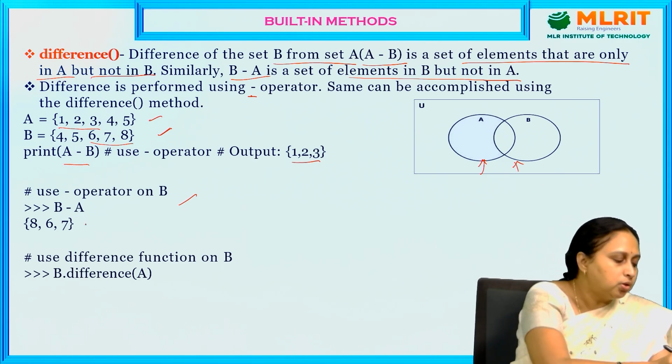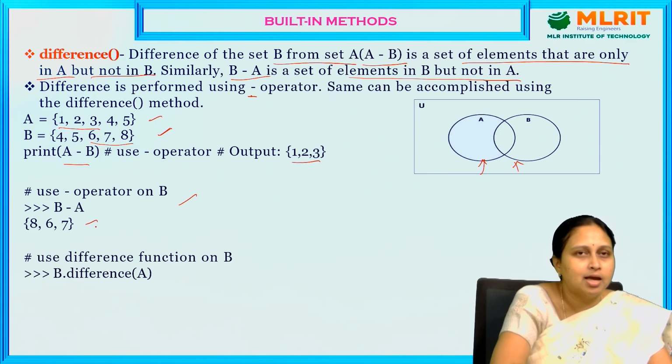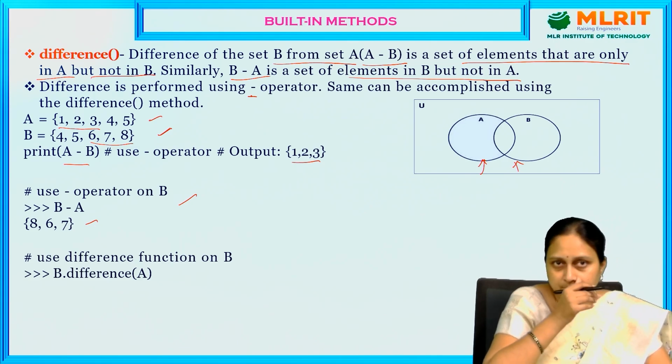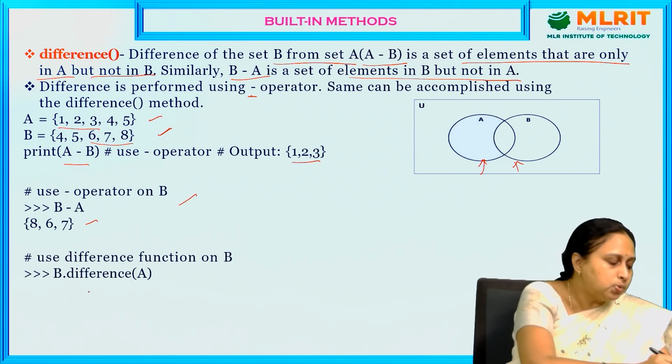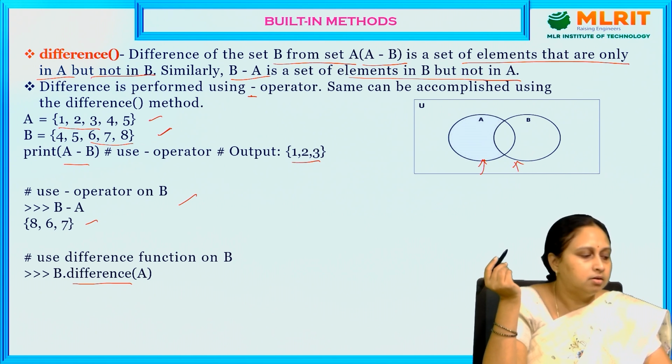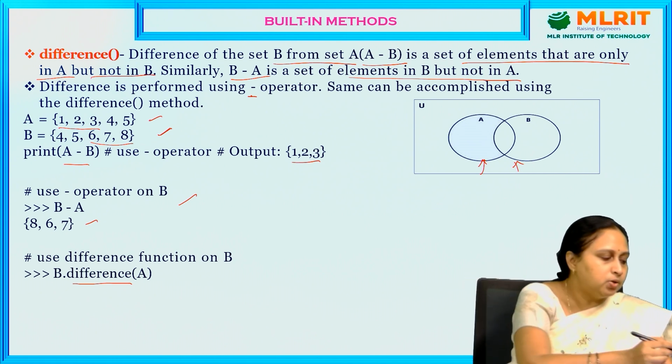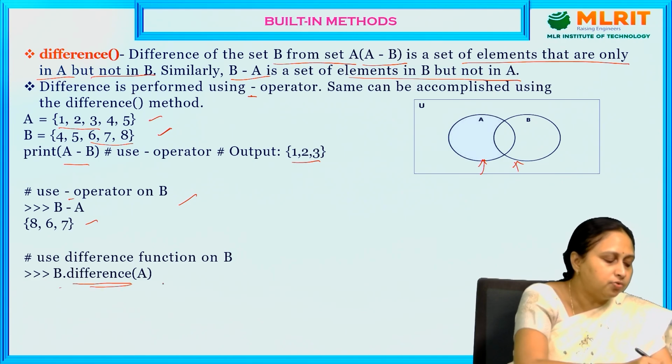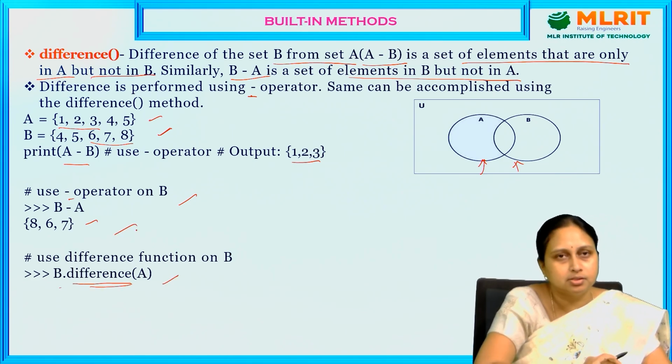Okay, so we are going to get the set values as 876 or 678, any of this in the unordered form, right? And in the same way, by using the difference method also, we can implement this difference function, right? By using the minus operator we have seen, and by using B dot difference of A it is also going to return the same.